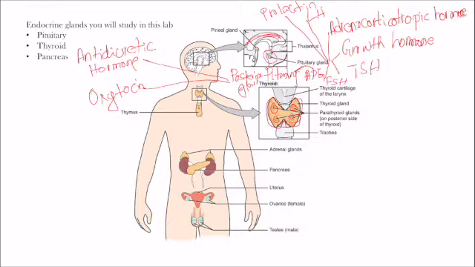Then you can see over here the thymus. This one is also an endocrine gland. It is located in the mediastinum region above the heart. The heart should be over here. So above the heart, the thymus secretes hormones such as thymosin.